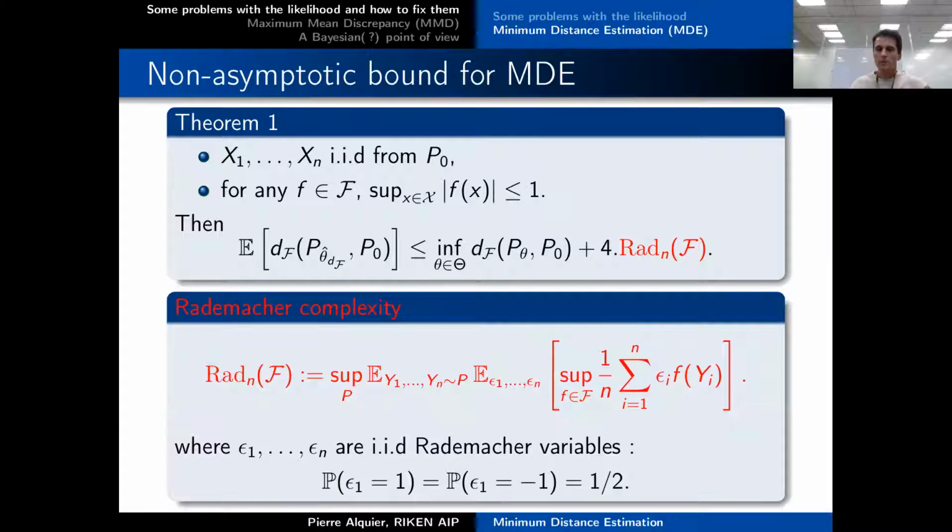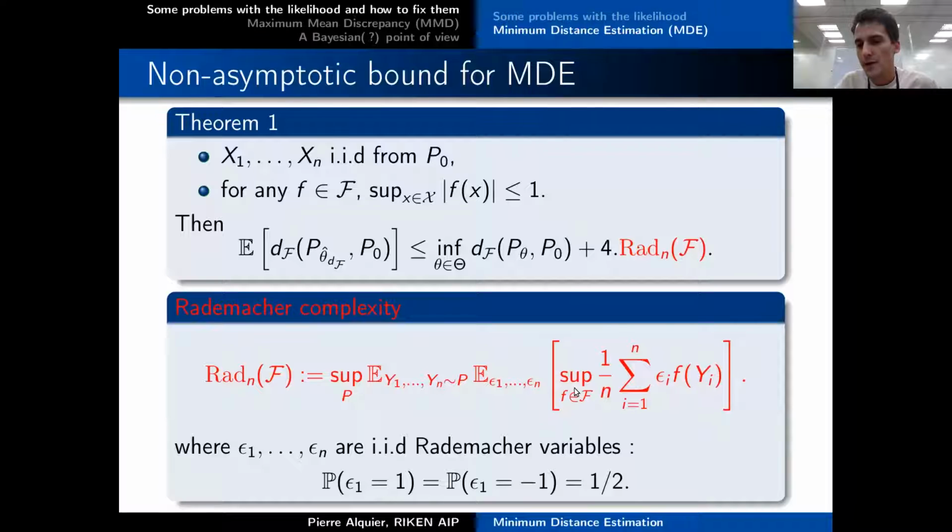So just a reminder, but I know that everyone here in the room is familiar with this, but just in case, I remind the definition of Rademacher complexity. So essentially you have here a mean of epsilon i's that are signed random variables called Rademacher random variables, +1 or -1 with probability 1/2.